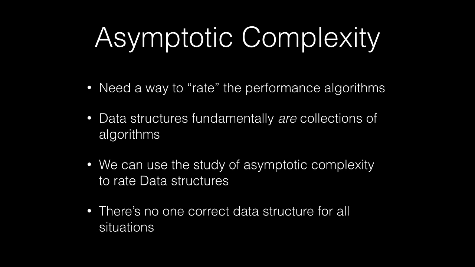So the most important thing that you probably would want to take away from this whole video is that there is no one correct data structure to use. There's no data structure that's going to be a silver bullet that's going to be the optimum one to use in all situations.